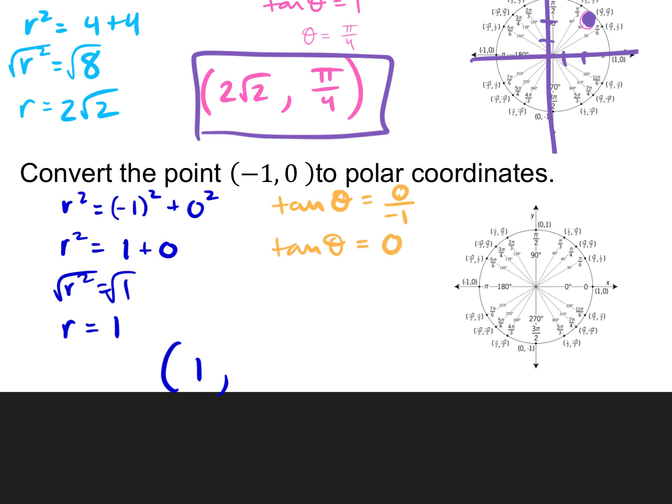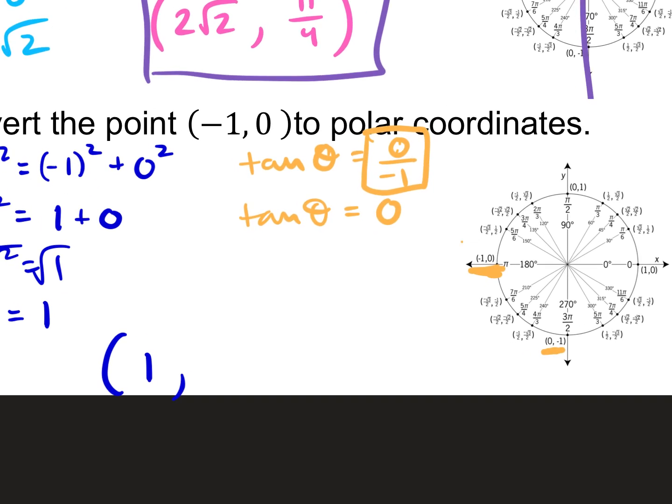So we got to look on our unit circle and see where y over x is 0. For this example, it actually might even be easier just to leave it as 0 over -1 because that tells us that it is 0 and -1 that we're looking for, not just 0. That would be this one here, where y over x would be 0 over -1.